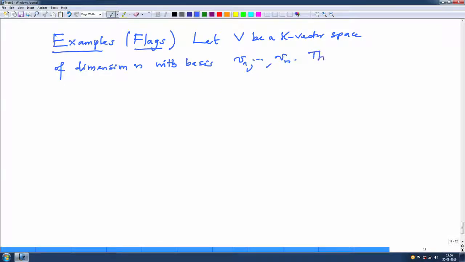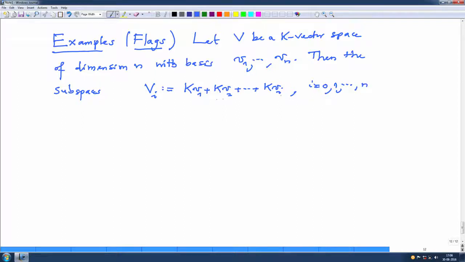Then the subspace Vi is the subspace of V generated by V1, V2, etc., up to Vi, and i is running from 0, 1, up to n.